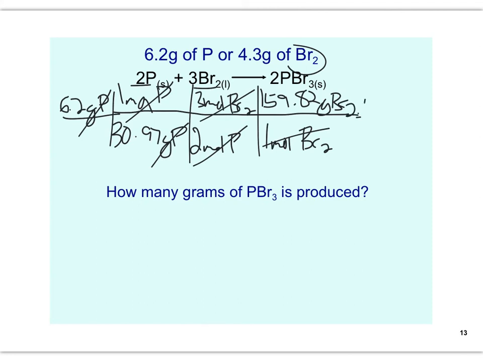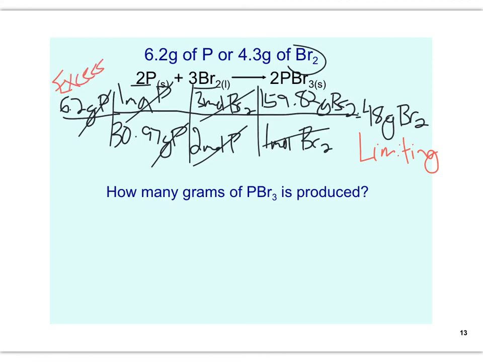We would need 48 grams of bromine. So in this case, our Br2 is actually going to be very, very, very limiting. We're not even close to having enough Br2. So that's going to be very limiting, and our phosphorus is going to be very much in excess.